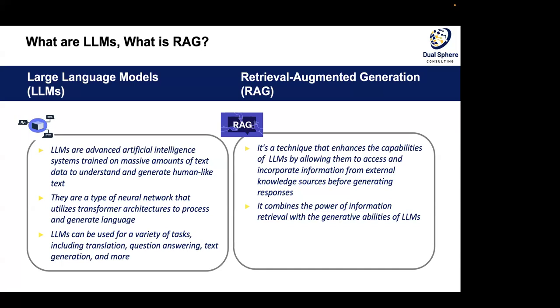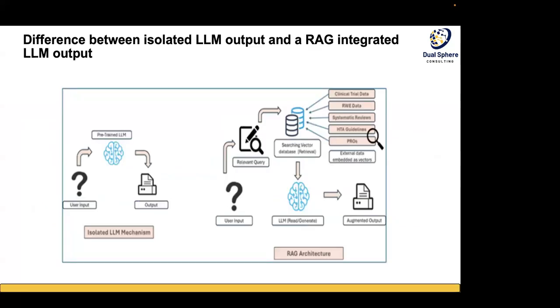It gives me a very vague answer at times, says $100,000 to 1 million, anywhere it can be. That doesn't suffice my purpose. So we put in something called retrieval augmented generation. When I say put, it means we give a command by Python. It's a technique that enhances the capabilities of large language models by allowing them to access and incorporate information from external knowledge sources. Graphically, if you want to see, I will show.